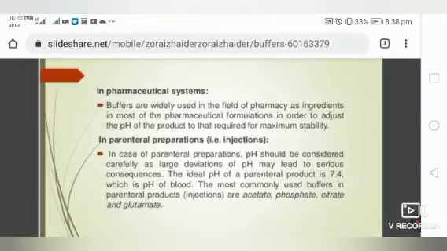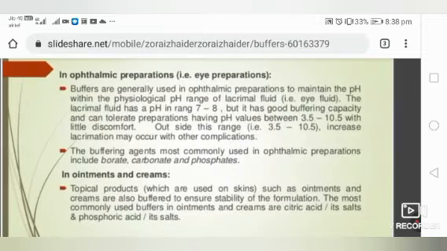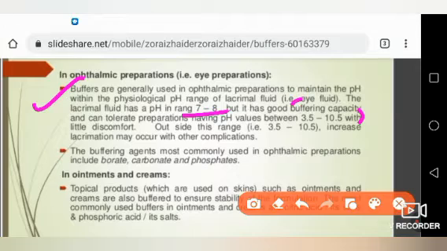Okay, the next application that we are going to see is in ophthalmic preparations, eye preparations I can say. Buffers are generally used in ophthalmic preparations also, maintaining pH within the physiological pH range of lacrimal fluid, which is eye fluid. The lacrimal fluid has a pH range of 7 to 8, but it has good buffering capacity and can tolerate preparations having pH values between 3.5 to 10.5 with little discomfort.